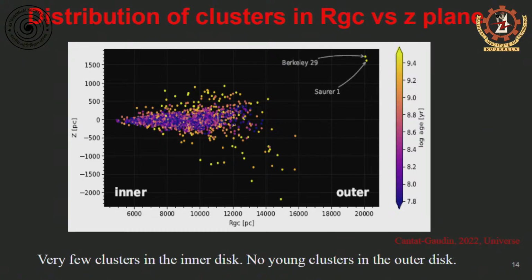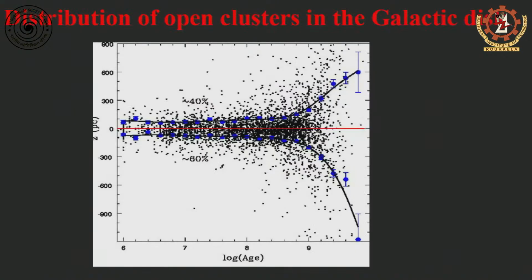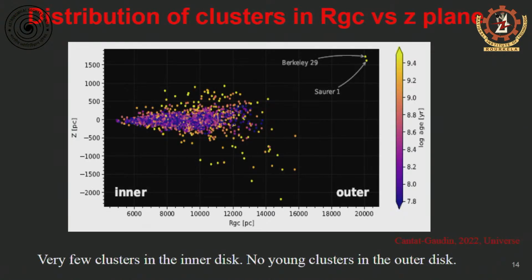So this is a clear picture that over a period of time, they leave the galactic disk. I also drew this diagram, because if I go back here, in this picture they have also shown the clusters with their age, with various colors.